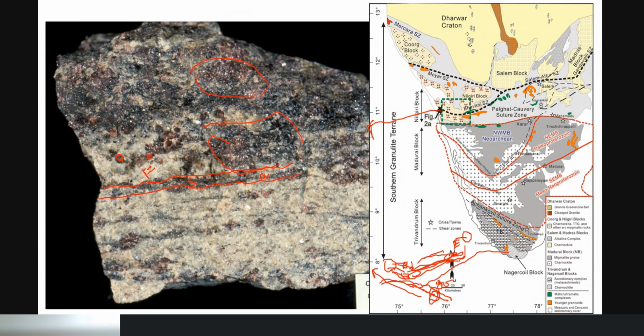Then it has been converted into khondalite rock. How has it been converted? I have told in the previous slide. If it has different minerals, then you can see the layering due to pressure and temperature. The minerals will align as the pressure increases.